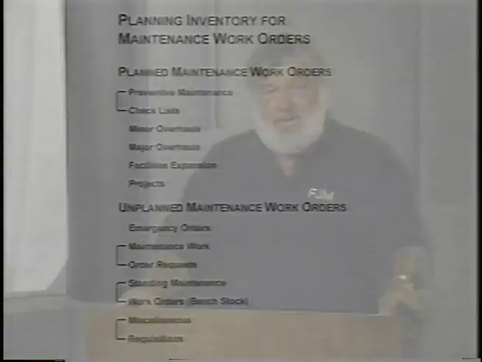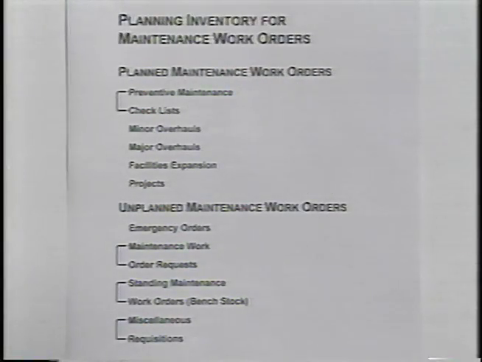Now, in the bottom portion of page 7, we have the unplanned maintenance work orders. The first one would be an emergency order, and then the next one would be those maintenance work order requests. The third are standing maintenance work orders, and that could be a bench stock program where the storeroom, as I indicated earlier, is replenishing inventory that is located in a repair shop or repair shops.